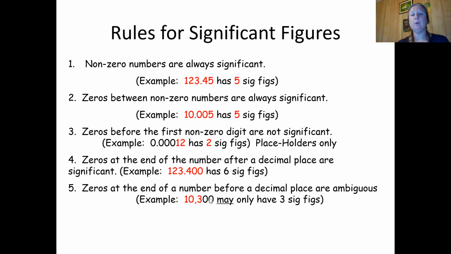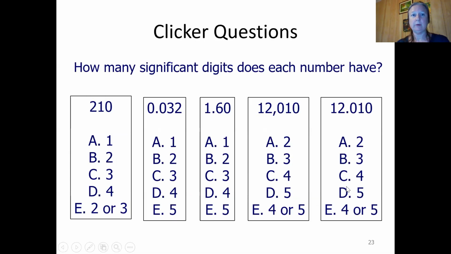And that tells you, yes, those are significant. Or you would say 1.03 times 10 to the 4. And that tells you that they're not significant. So scientific notation helps tell us what zeros are significant. So learn these rules. You're going to use them a lot.